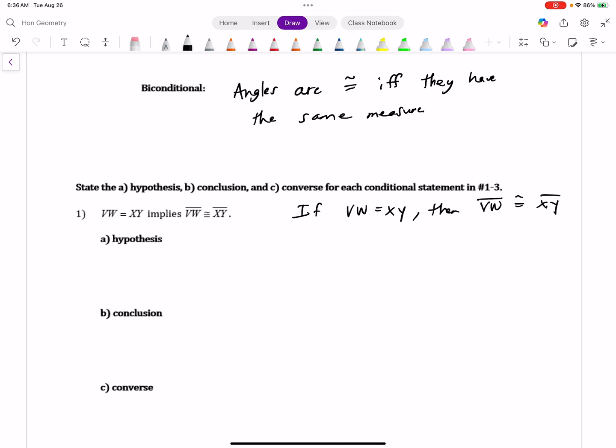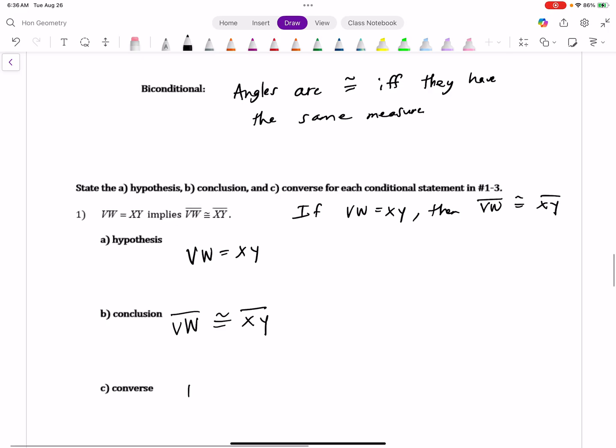So the hypothesis would be this. The conclusion would be this. The converse would be me turning it around. If that is congruent to this, then this is equal to that. All this is true because it's a definition. That's the definition of congruent segments.